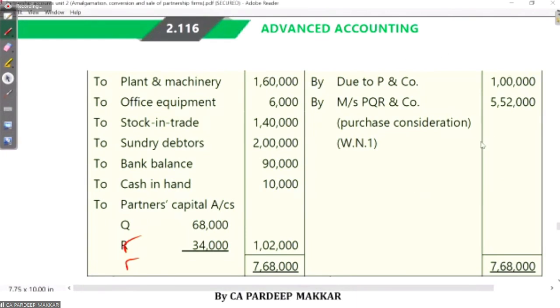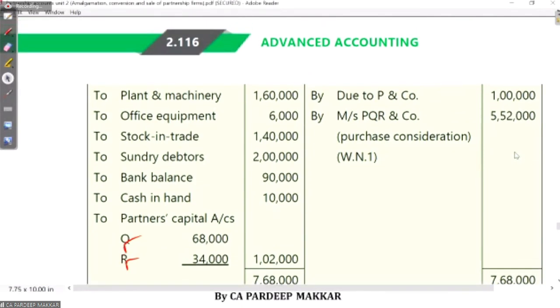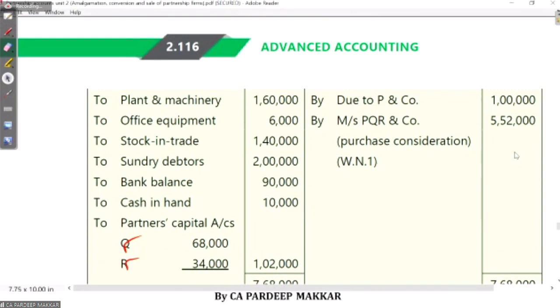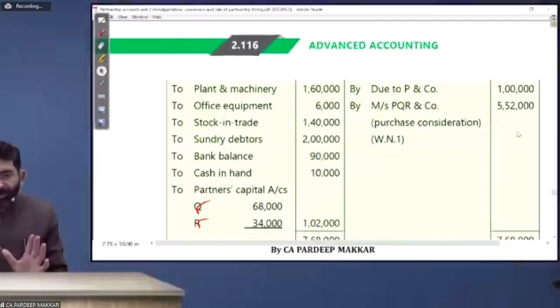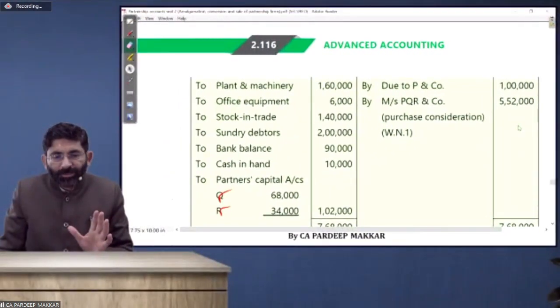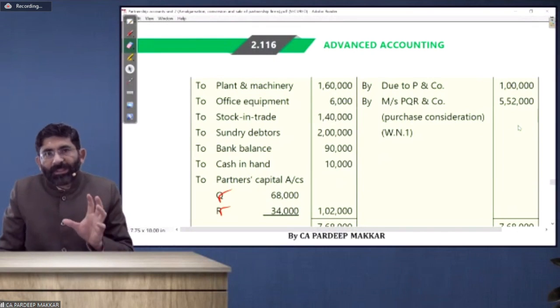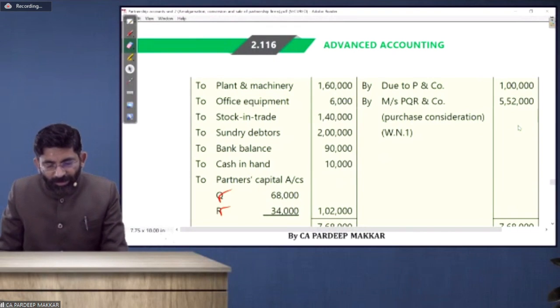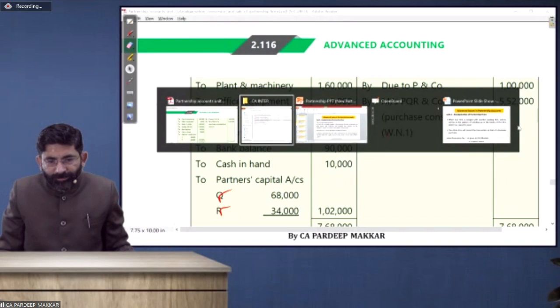This is a solution given to you in your module. It is 68,000 and 34,000 for Q and R. So in the realization account and revaluation account, the amount is similar. There is no difference between these two. You may see the partners' capital account is created with the same amount. So there is no difference at all. Tell me, is that clear to all?